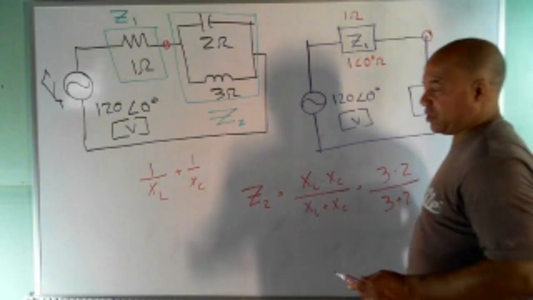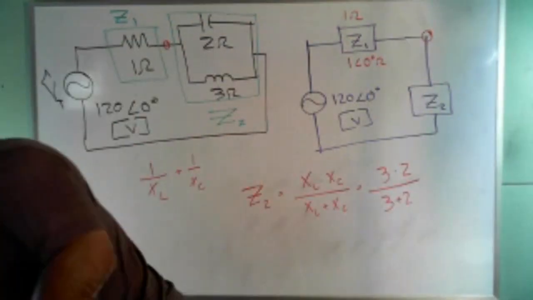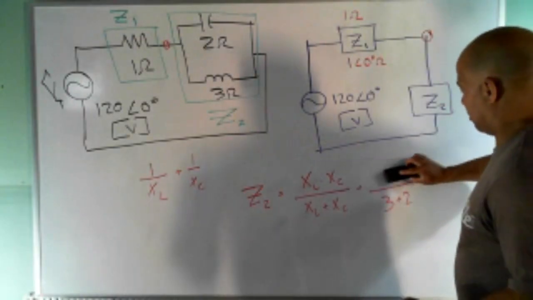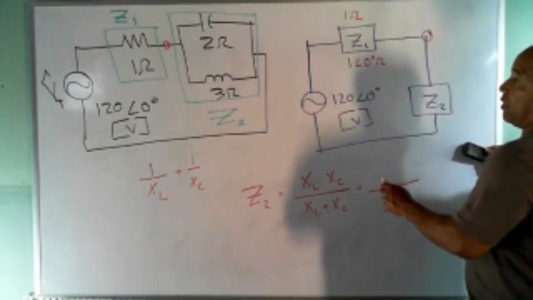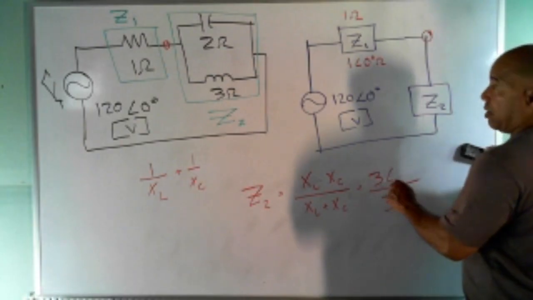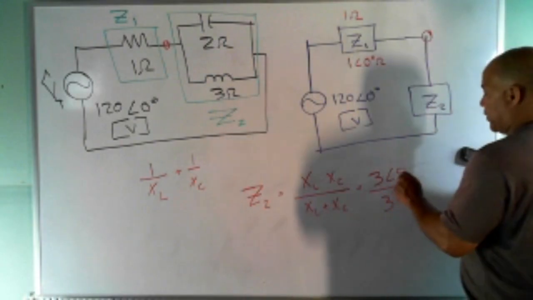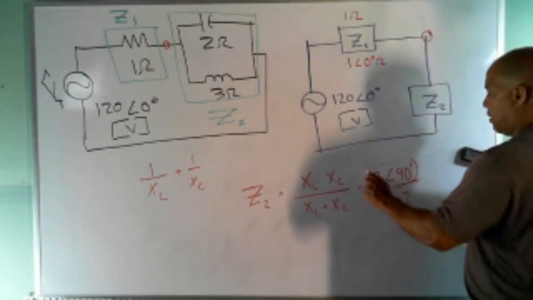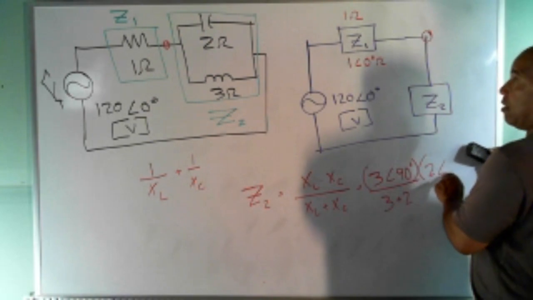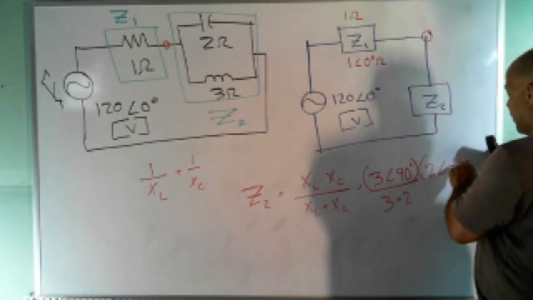Now, let me put my angles in there. I'm getting kind of messy. Really what I should have written was 3 at an angle of 90 degrees times 2 at an angle of minus 90 degrees.